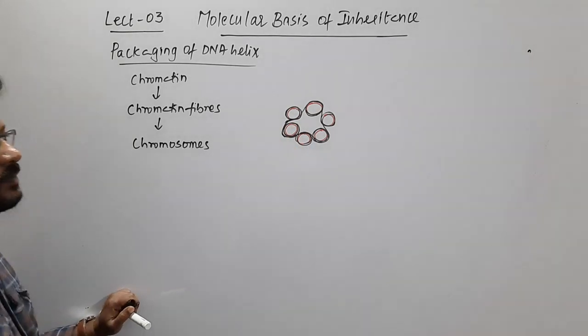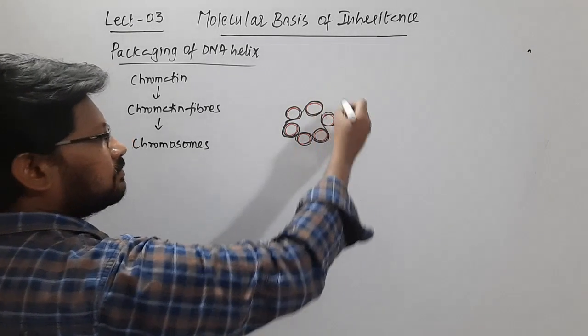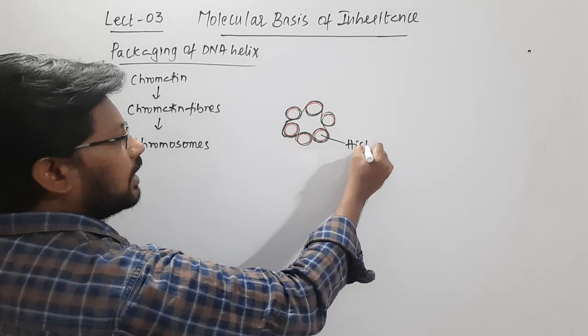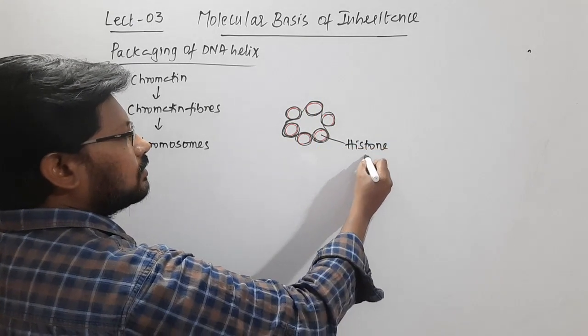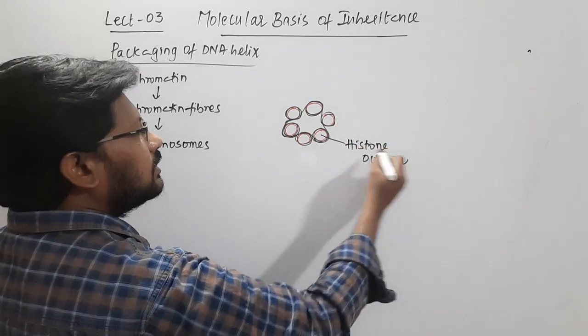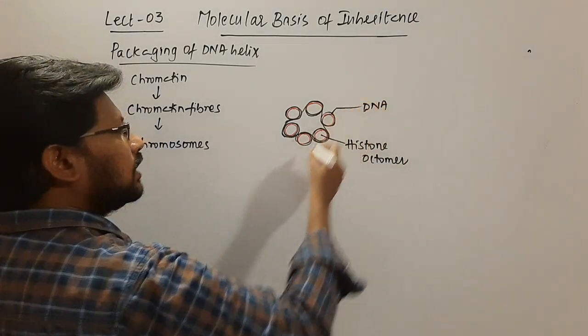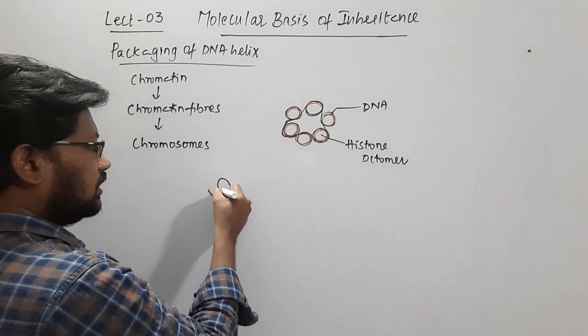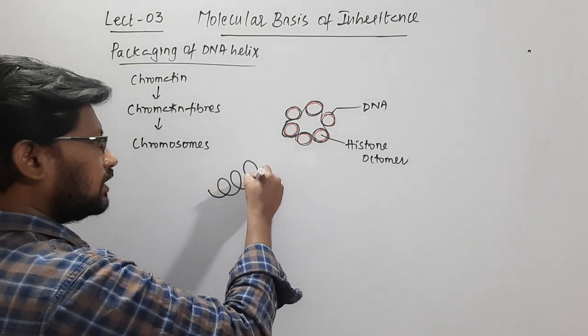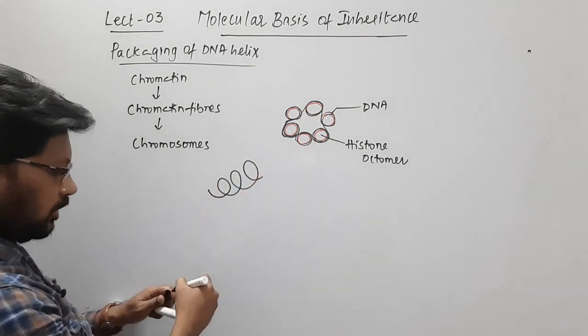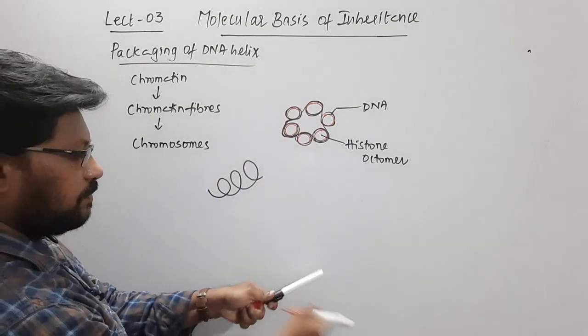So you will be seeing something like this. This is a histone octamer, and this is the DNA that coils around. So actually when you see, it is seen like this. This is the portion which I have shown here.